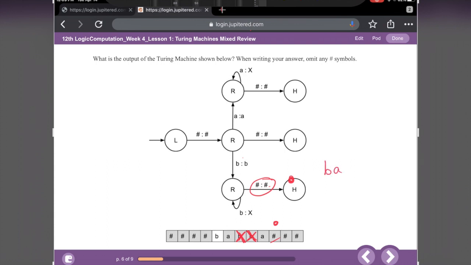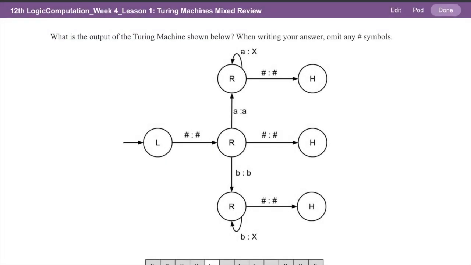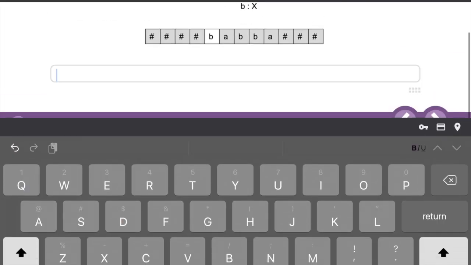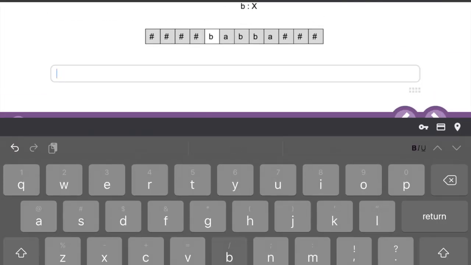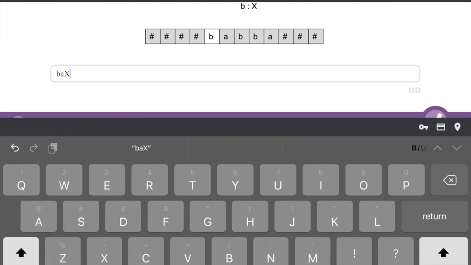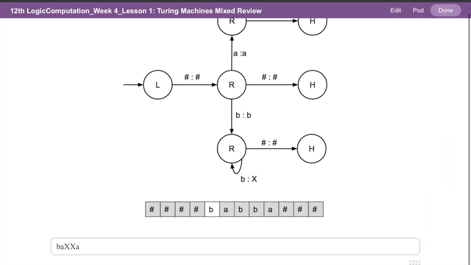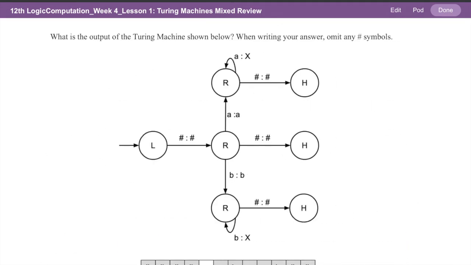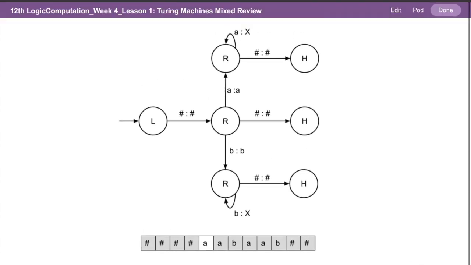It should say B, A, X, X, A. So basically this one just deleted all of the B's after the first one. Let's type that in and see if that's correct. All right, good. Let's move on to the last problem. Oops, just kidding, there was one more. Let's actually write it out.